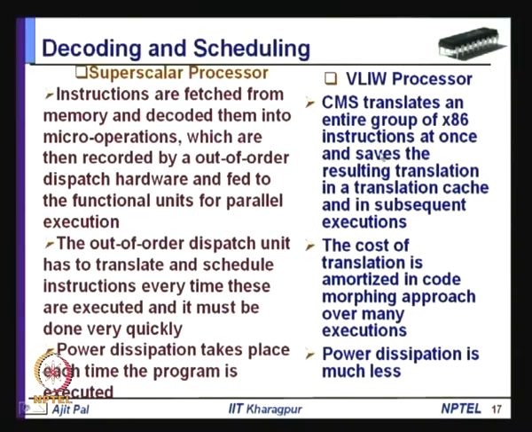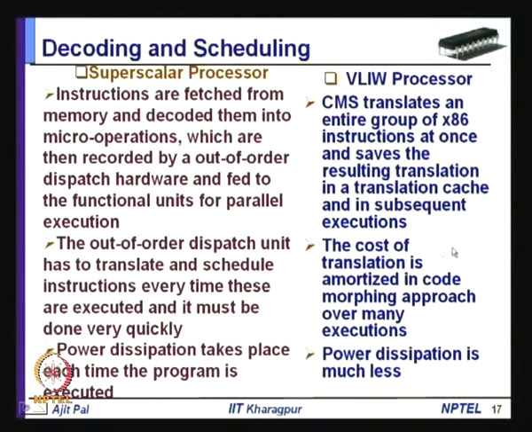So, once the translation has been done by the code morphing software, you can store it in cache memory and execute it many times, maybe 10 times, 100 times, depending on the application, but each time you do not have to do the translation. You will do the translation only once and execute as many times as necessary by the application.